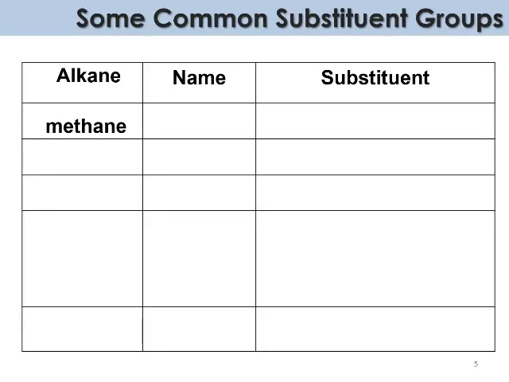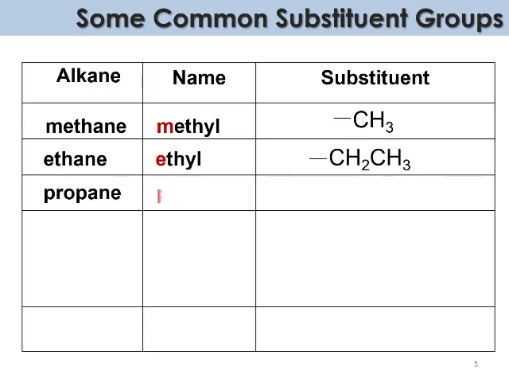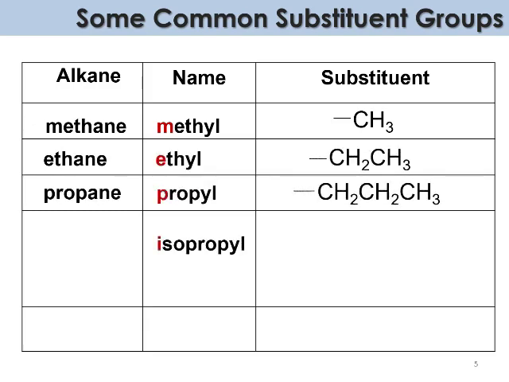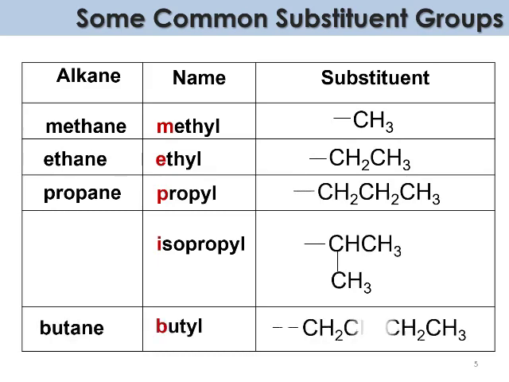These are some common substituent groups. Methane becomes methyl when it changes into a substituent. Propane can be propyl or isopropyl. Butane becomes butyl.